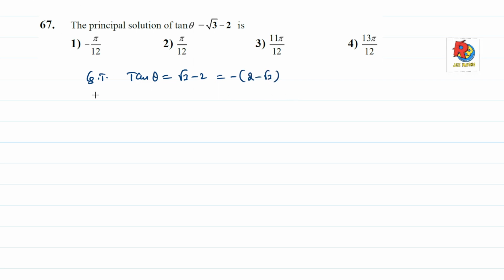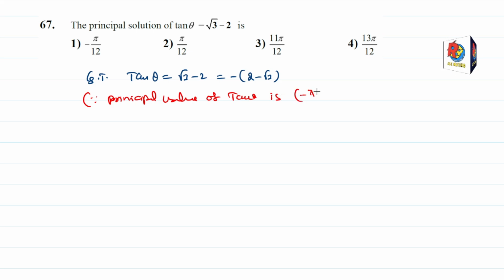So here we need to remember the principal value. Principal value of tan theta is minus pi by 2 to plus pi by 2, open interval of minus pi by 2 to plus pi by 2. So if I take in these values, just you can observe this.